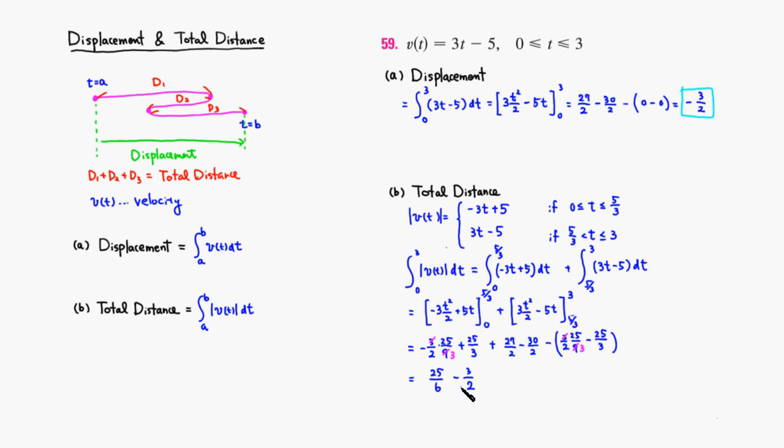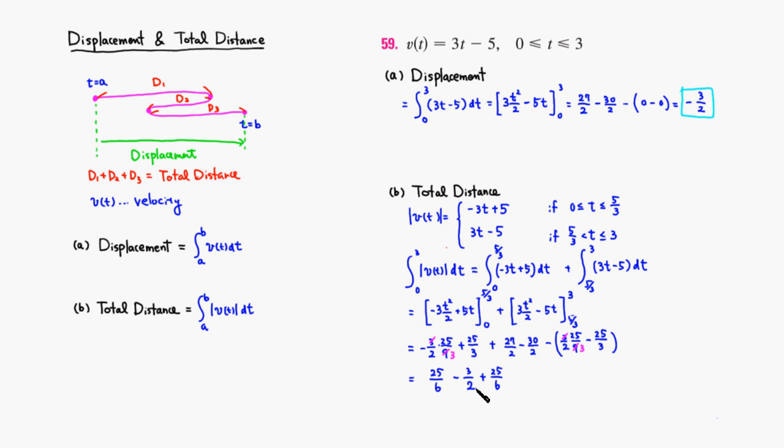And then we subtract. This is again the same thing: 25 over 6 minus 25 over 3 would be negative 25 over 6, with another negative sign, so it's plus 25 over 6.